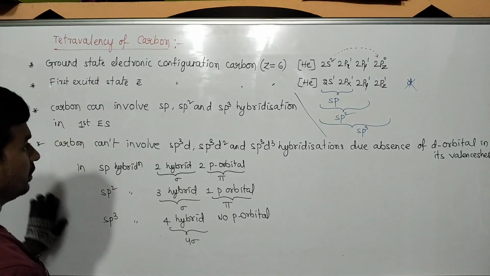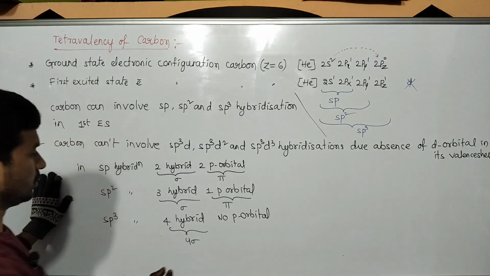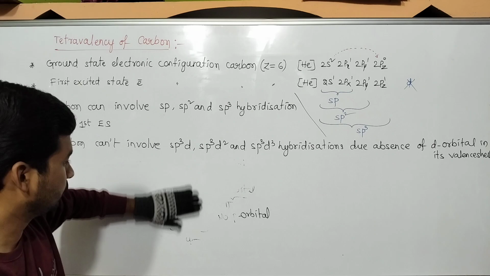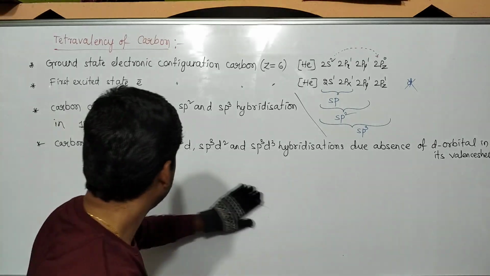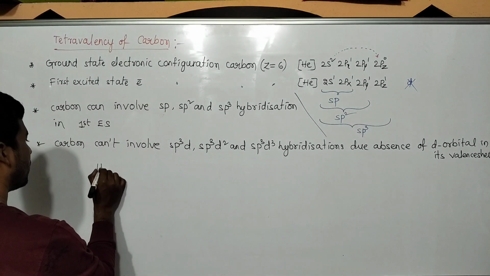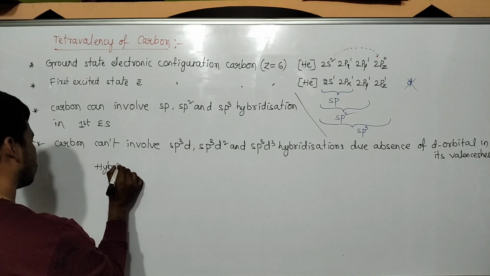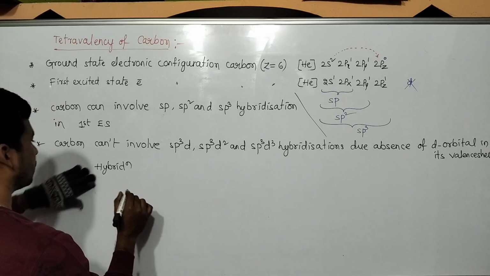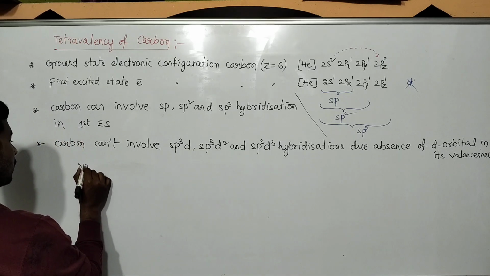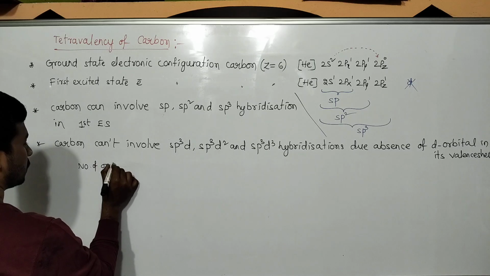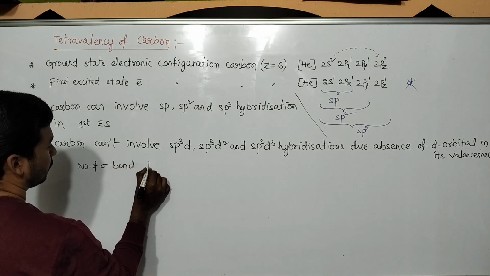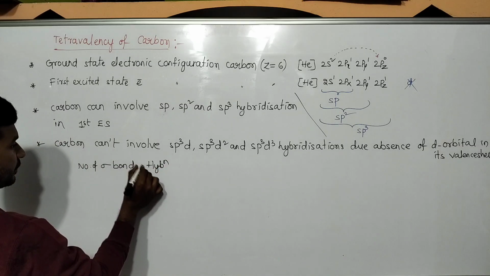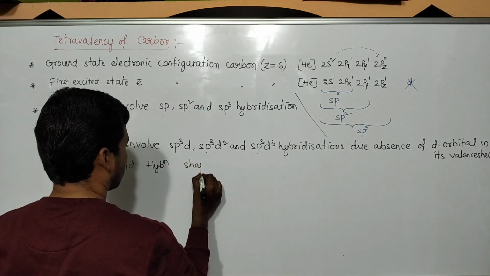So this is in short form. I am going to write in short form. Hybridization, then number of sigma bonds. By counting the number of sigma bonds we can assign hybridization, and the shape of arrangement of atoms.